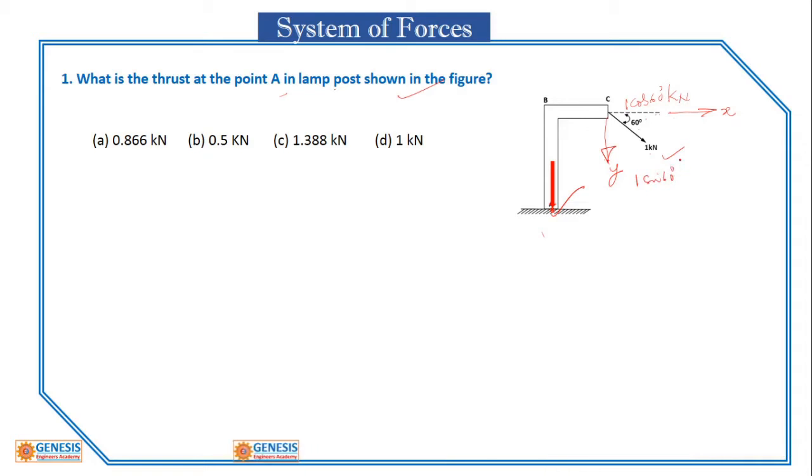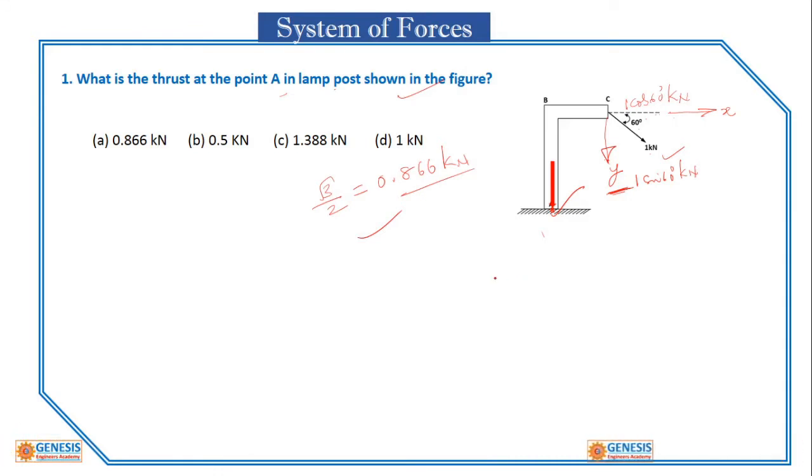He is asking about the y direction, so the answer is sin 60, that is root 3 by 2, which comes to about 0.66 kilonewtons. This is the answer. Like that you have to resolve this one. But one thing: only an inclined force to some axis will have both components, right?